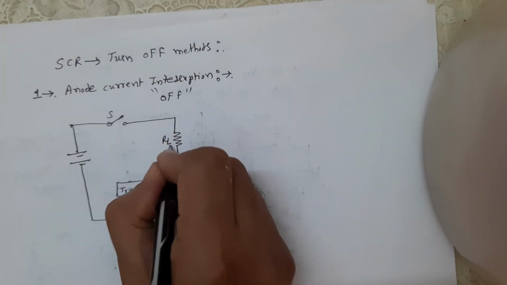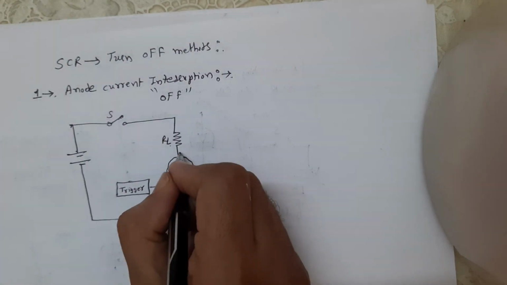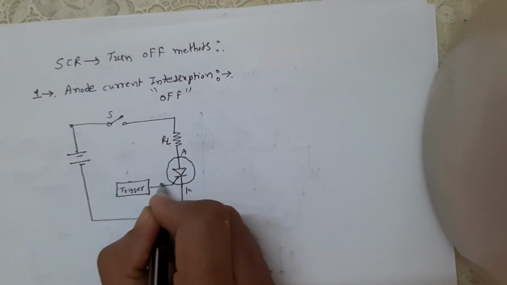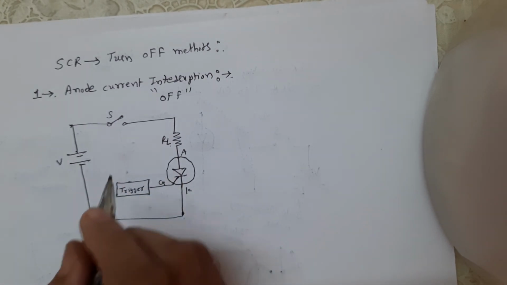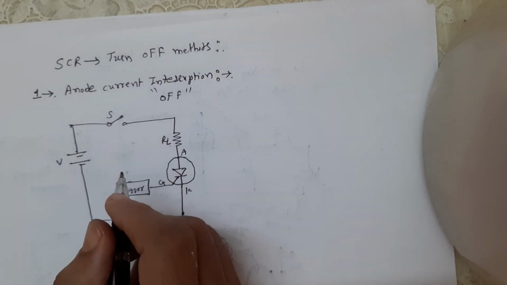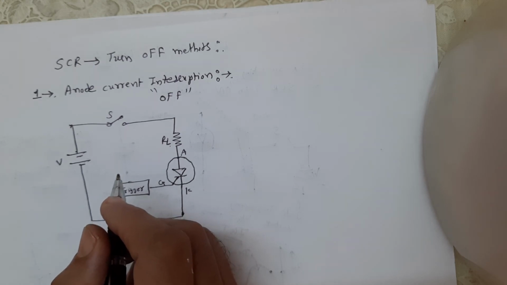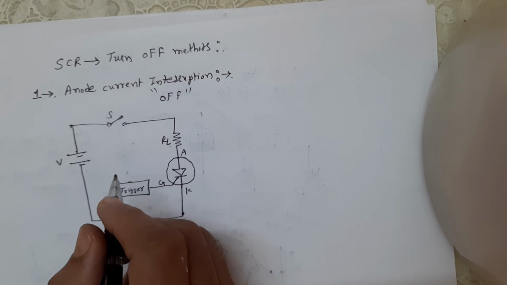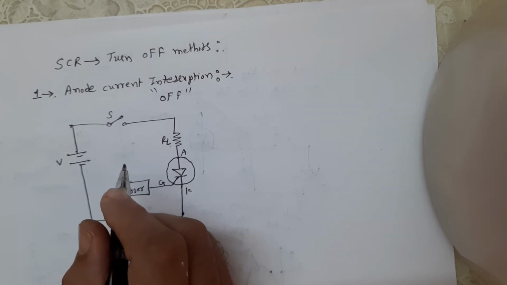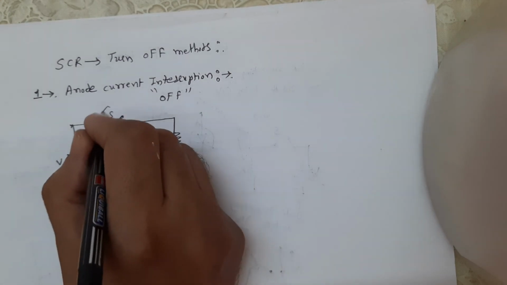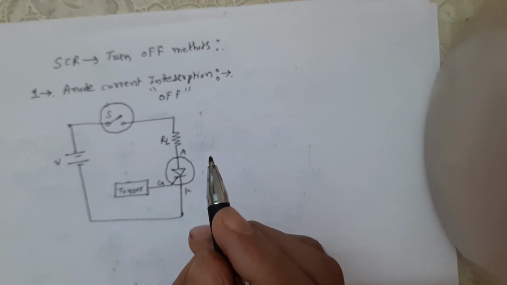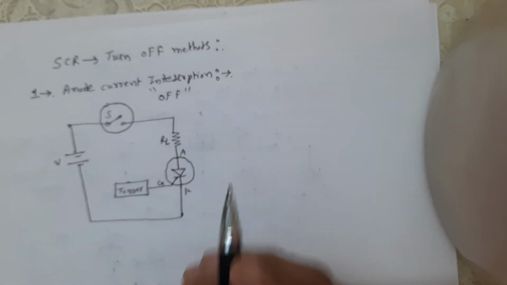This is your RL, anode, cathode, gate. This is supply V. When the anode current is reduced below a minimum value, known as the holding current, the SCR is turned off. The simple way is to open this line switch.